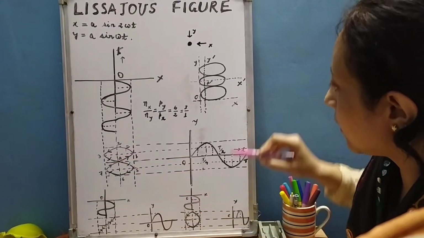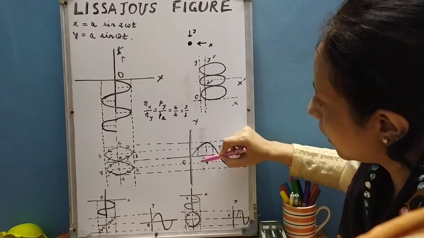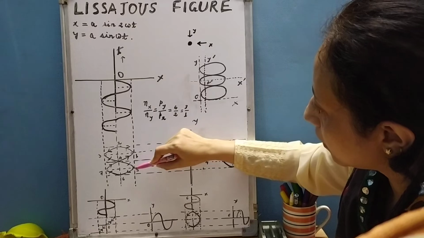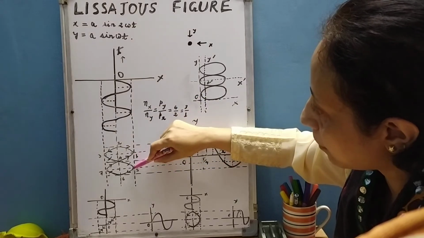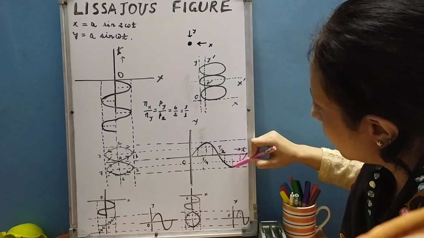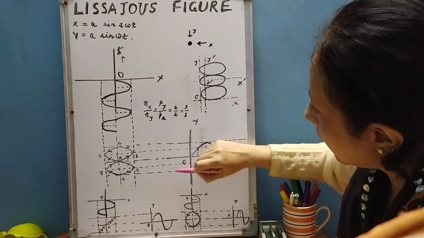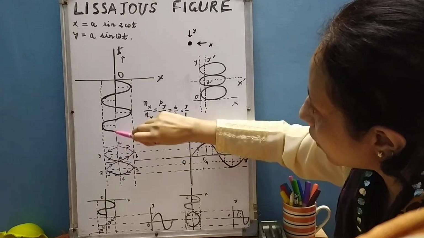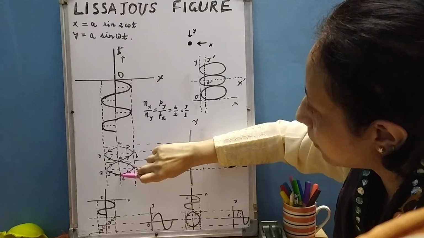The next position is here, and on the other one is this one, so it comes to point number 5. Then the next point of intersection will be this one, and the corresponding point here is this one, so it is point number 6.